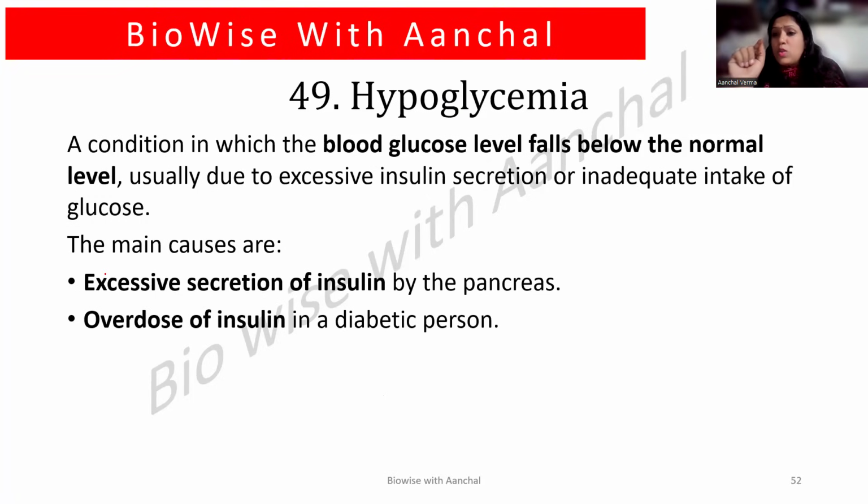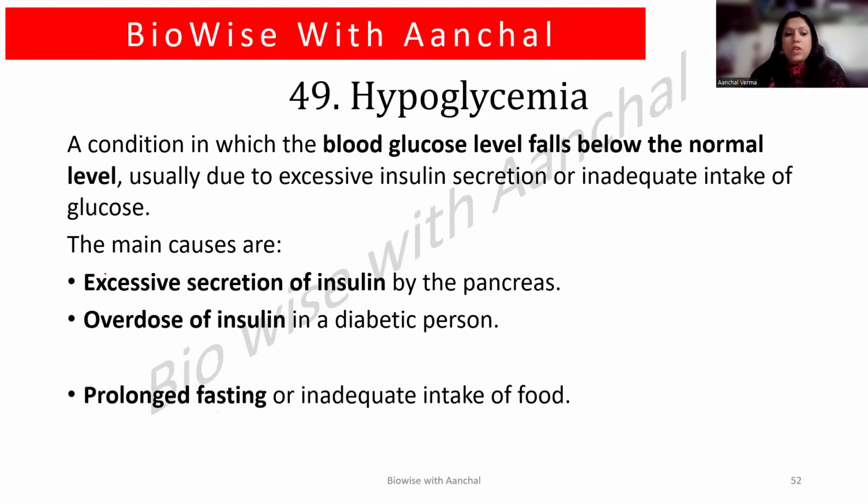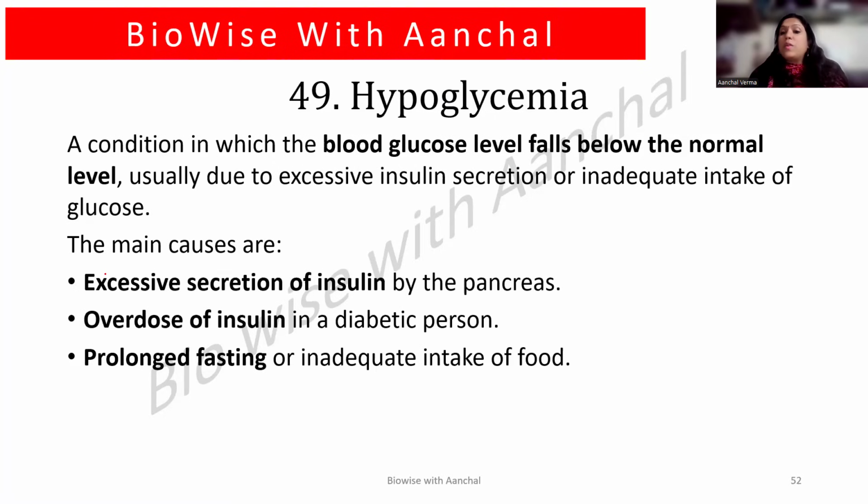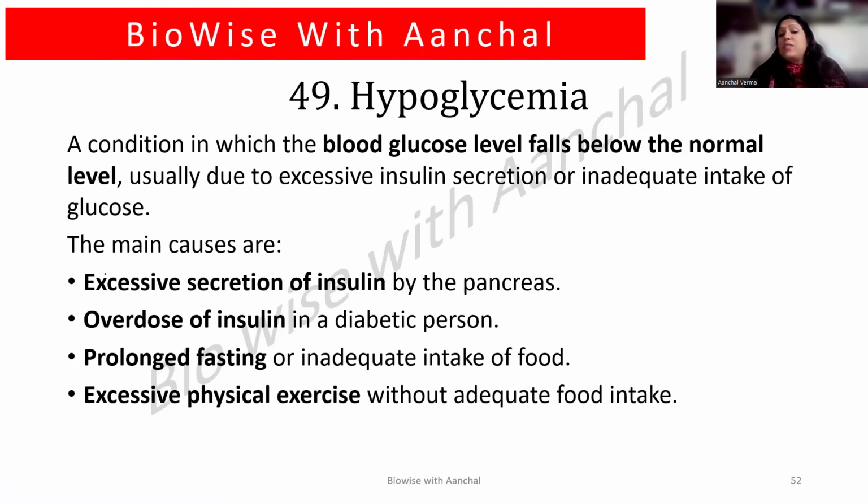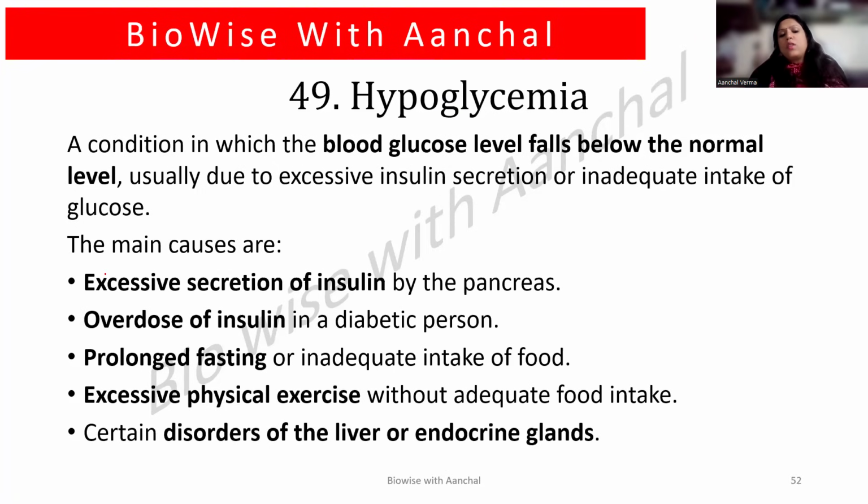Even if a small extra dose of insulin is given, they may go into insulin shock. That is hypoglycemia, and the person may faint or become unconscious, even slip into a coma. Prolonged fasting or inadequate intake of food, excessive physical exercise without adequate food intake, or certain disorders of the liver or endocrine glands may also lead to hypoglycemia.